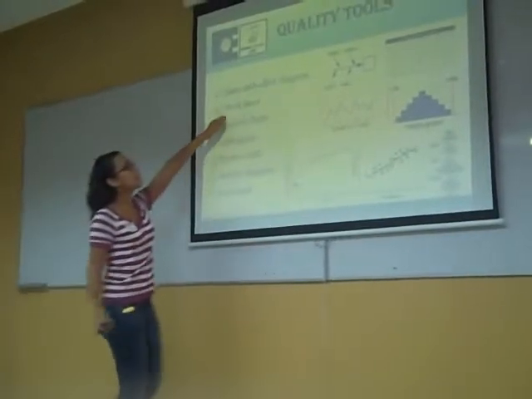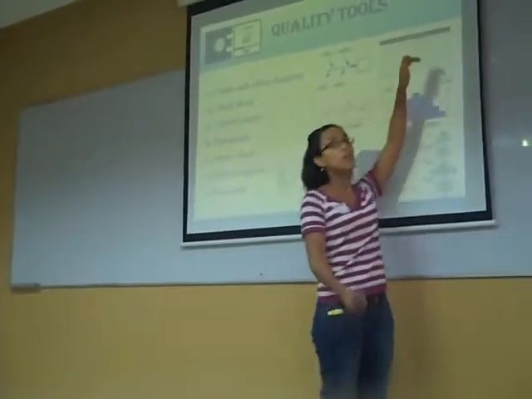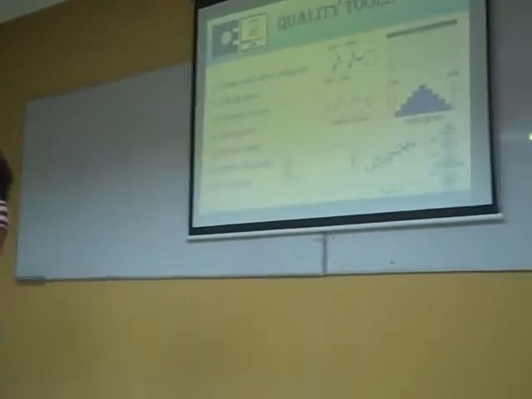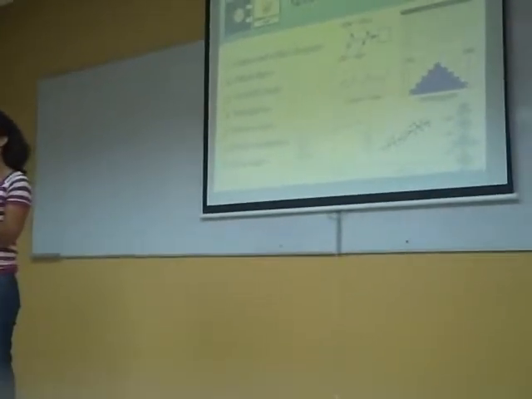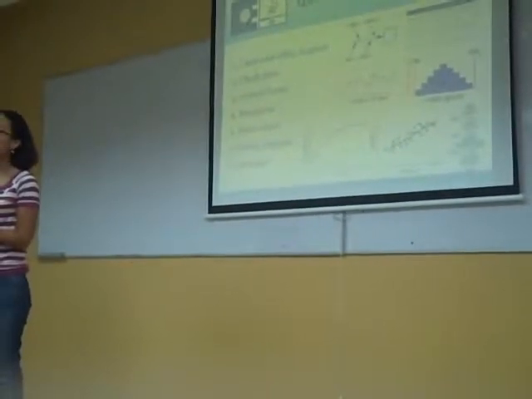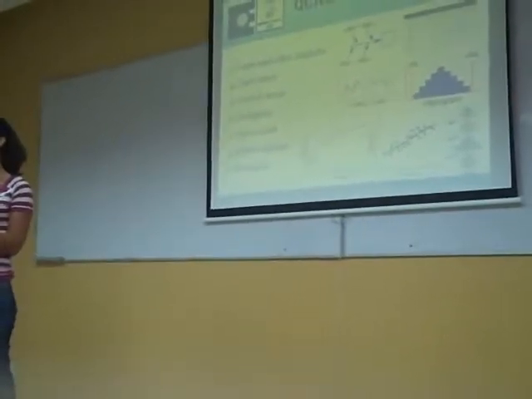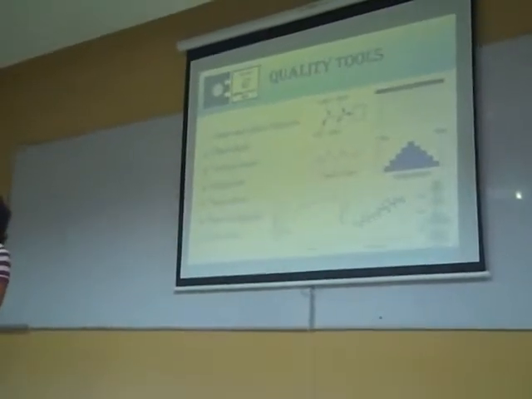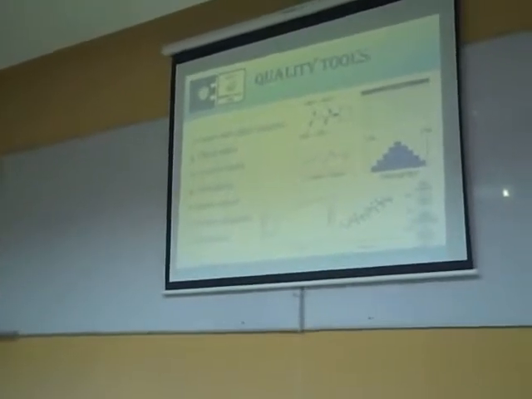The check sheet is this one. It's a sheet, a table, like a form where you check or register something. For example, how many finished products have this quality problem or that quality problem, and you register there.